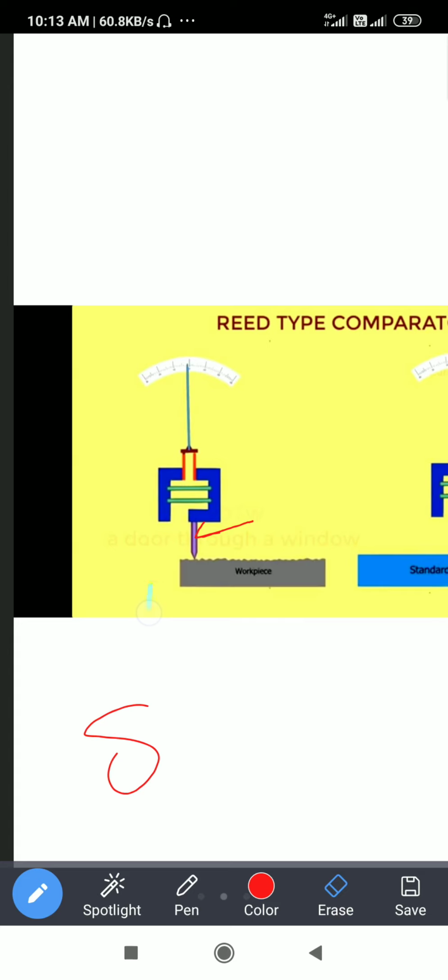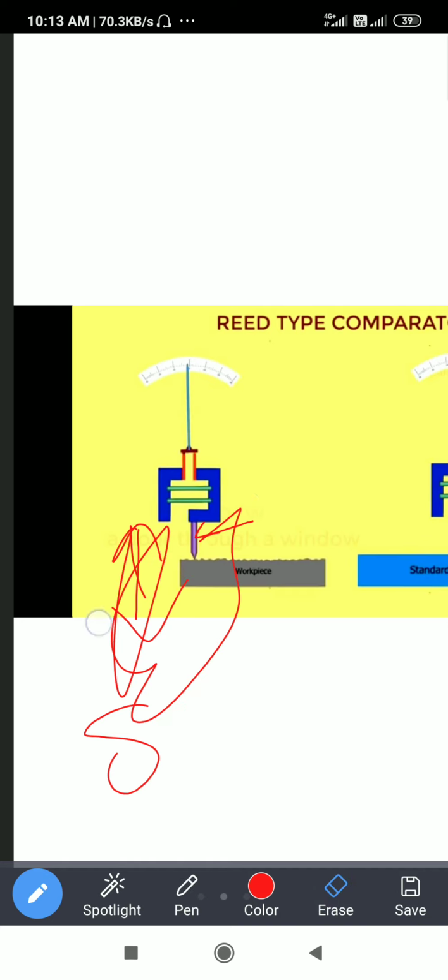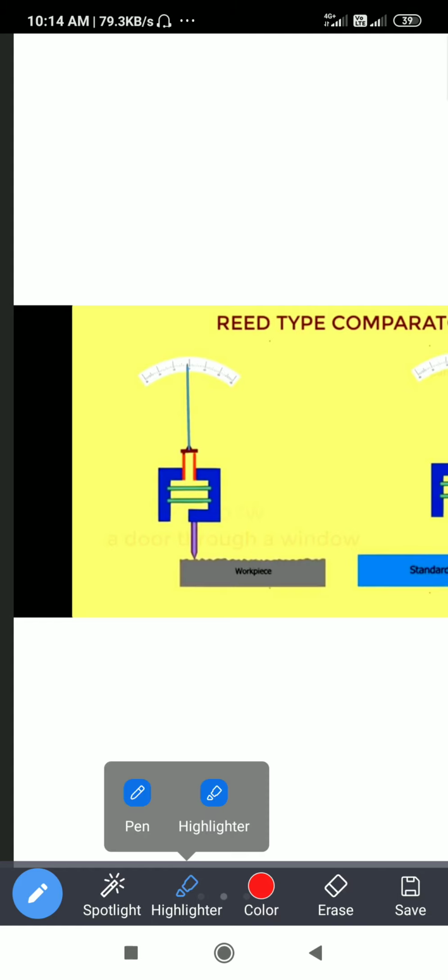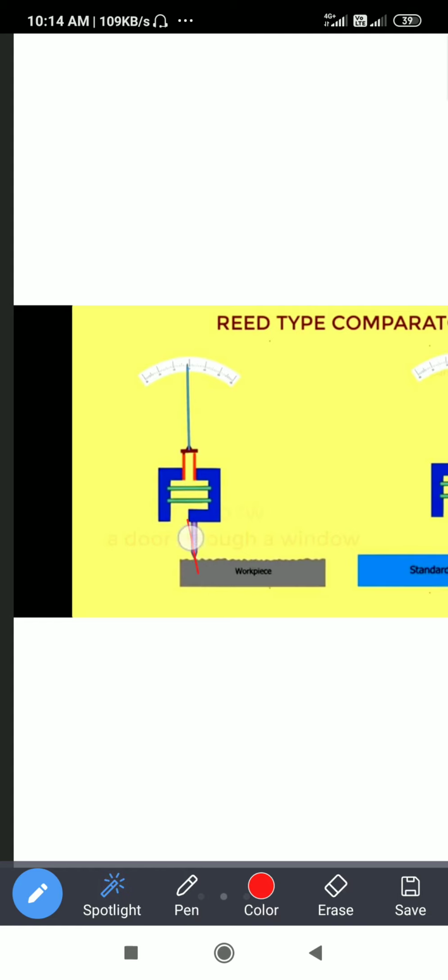This plunger or spindle moves in the upward and downward direction.